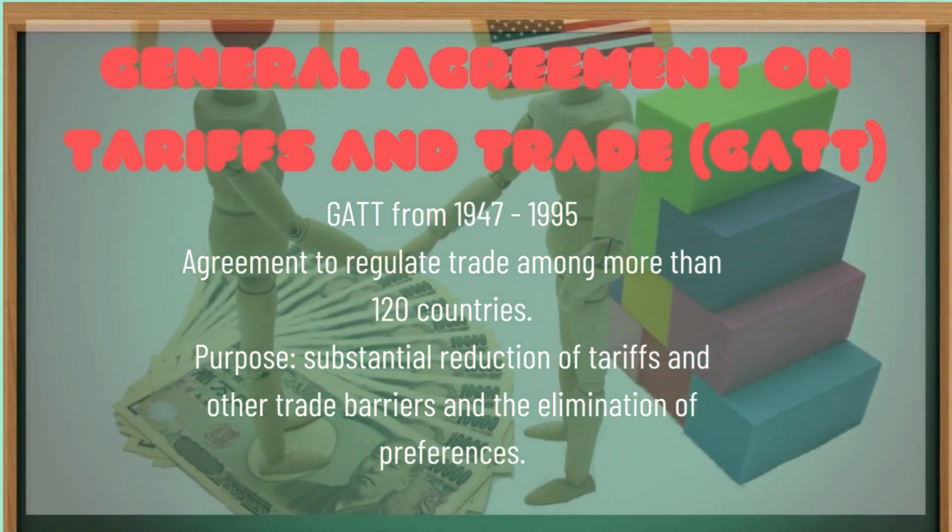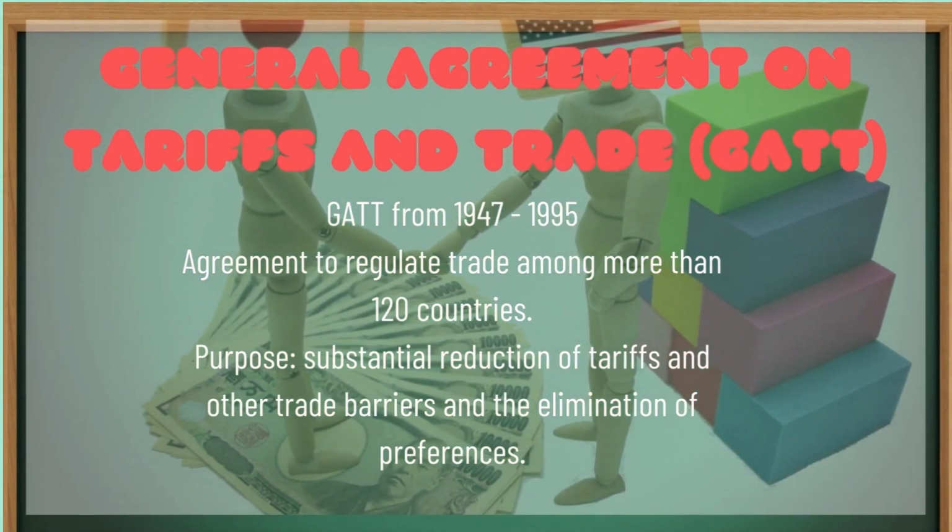So the General Agreement on Tariffs and Trade, or GATT: since its establishment, there has been a trend of increased multilateral trade agreements, those involving three or more countries, and increased local regional trade agreements.